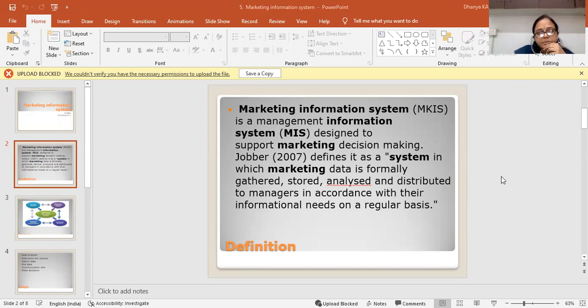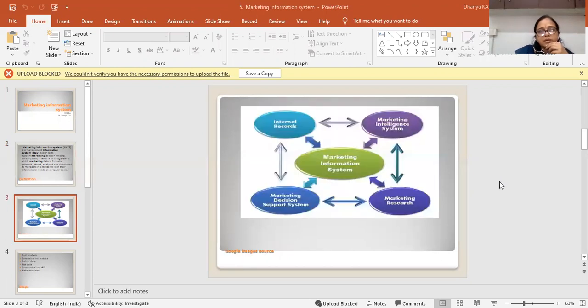Marketing information system is actually a part of the management information system, and we make use of IT technology to gather, store, analyze, and distribute the data. In marketing information system, these are the main components: internal records, marketing intelligence system, marketing decision support system, and marketing research, which is very important.